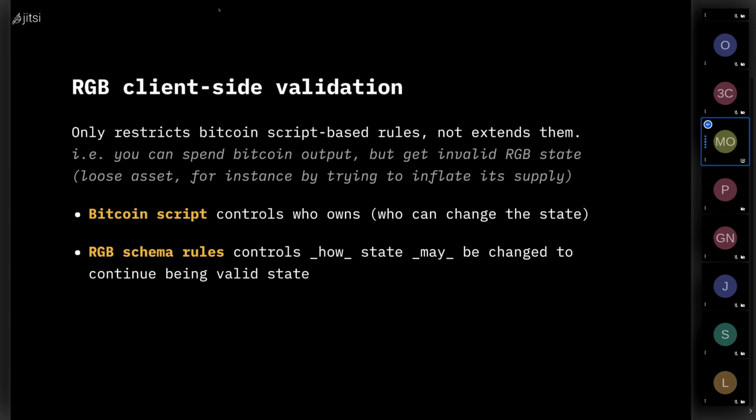But before that, I would like to pinpoint another important aspect: how RGB client-side validation is related to Bitcoin scripts and Bitcoin transaction validation. All the state of RGB smart contracts is assigned to certain Bitcoin transaction outputs. And of course, when you need to modify that state, the only way you can do this operation is first by spending that output, and then by committing to a new state inside the transaction that spends that output.